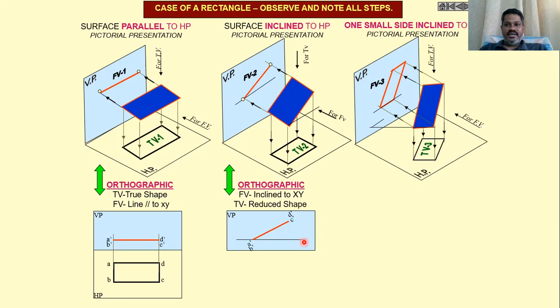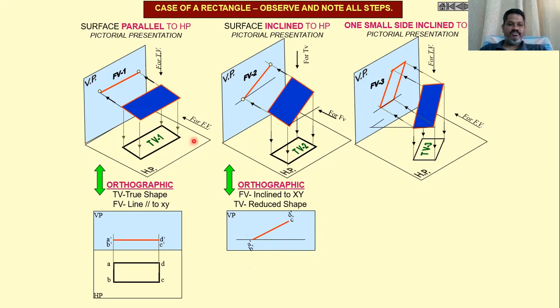When the plane is making some angle with the horizontal plane, we have to project this surface above the XY line. When the surface is making some angle with the vertical plane, this projection will come below the XY line. That we will see in the coming slides.